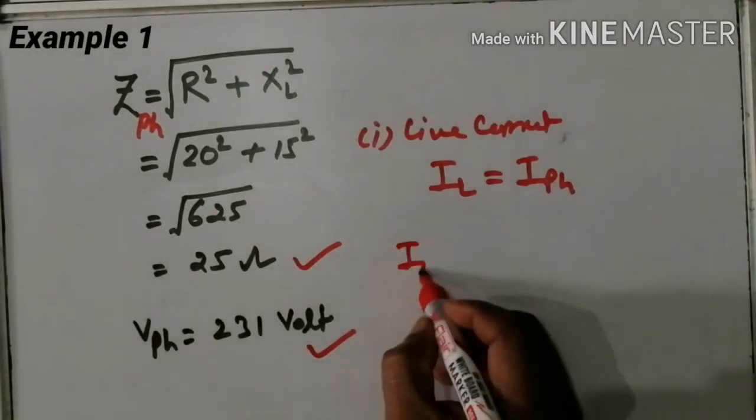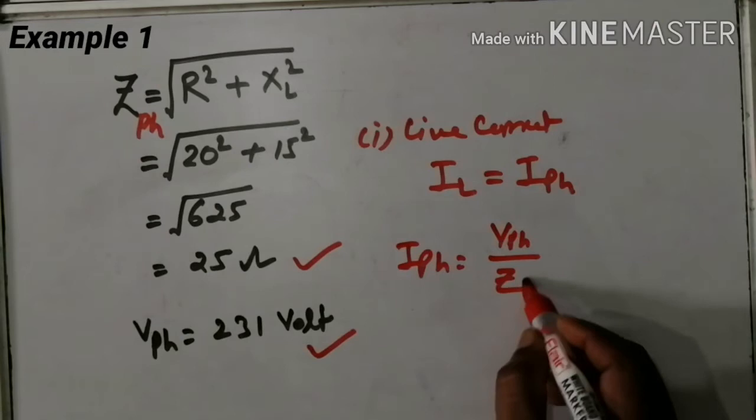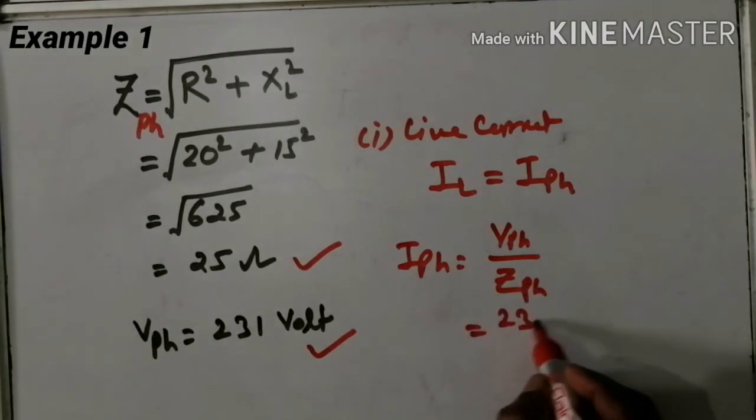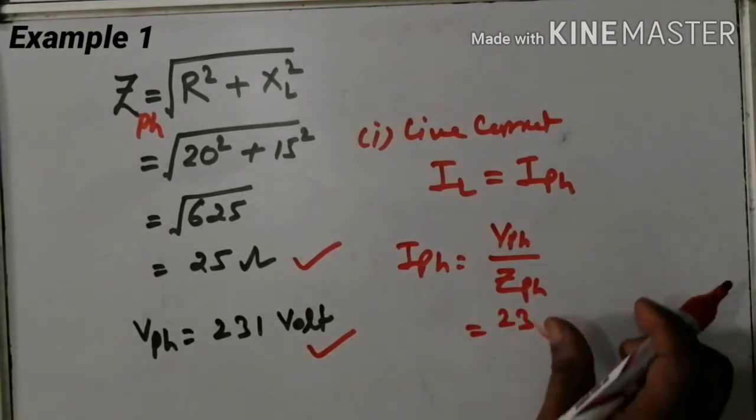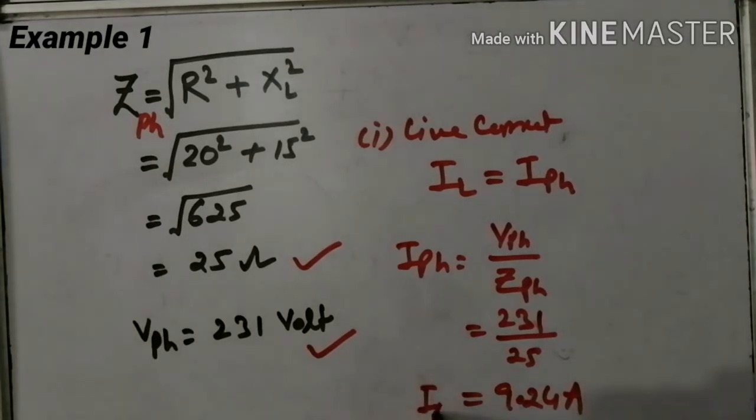Phase current is equal to phase voltage upon phase impedance, that is 231 divided by 25, it is 9.24 ampere, right? That's why the line current is also equal to 9.24 ampere.